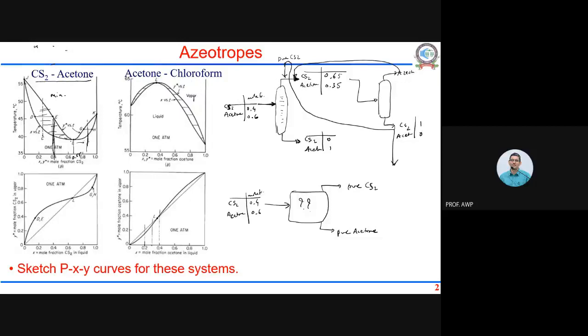Do you think it is a good idea or do you think it's a bad idea? But still, we are not getting any additional amount of acetone. Acetone or CS2? Acetone, sir. Acetone has already come at the bottom of the first column, isn't it? Yes, sir. So are you saying good idea or bad idea?